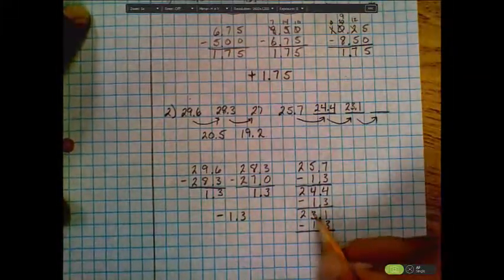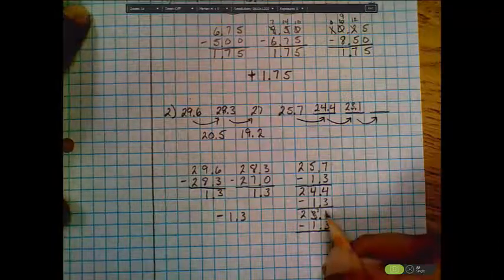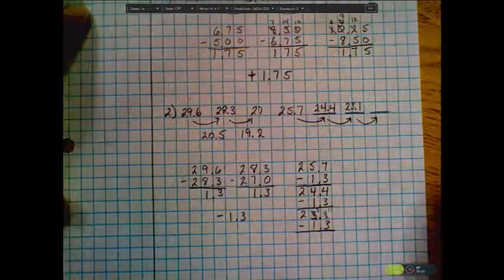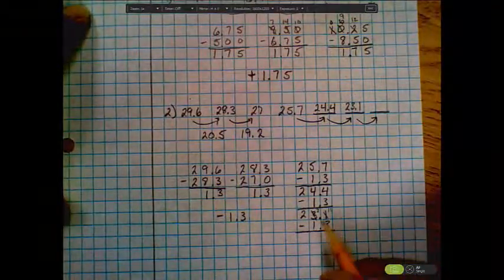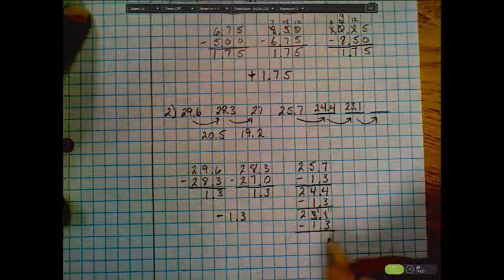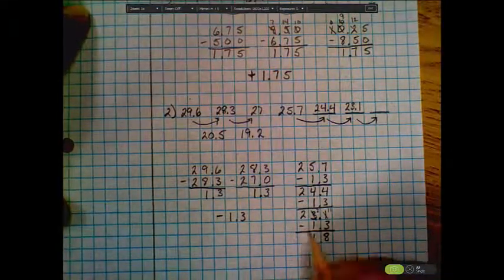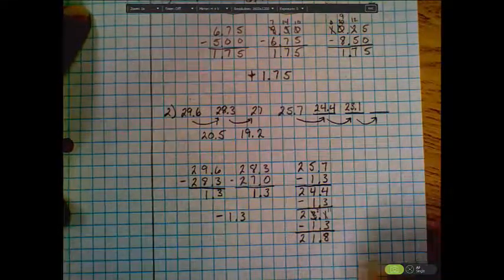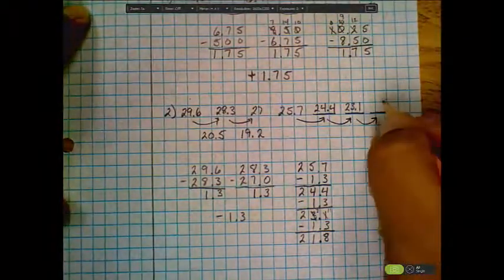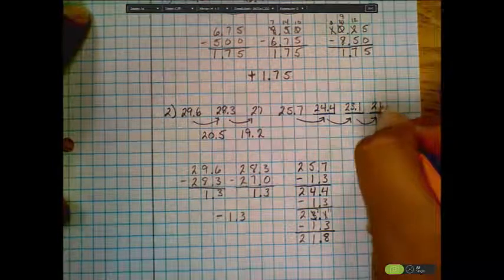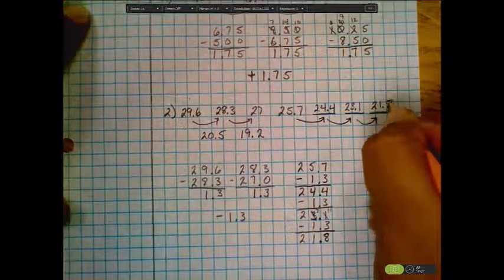On this one we have to borrow, so that 3 becomes a 2, the 1 becomes an 11. 11 minus 3 is 8. 2 minus 1 is 1, and 2 minus 0 is 2 when we put our decimal point. So our last term is going to be 21.8.